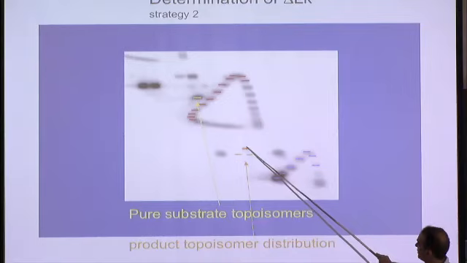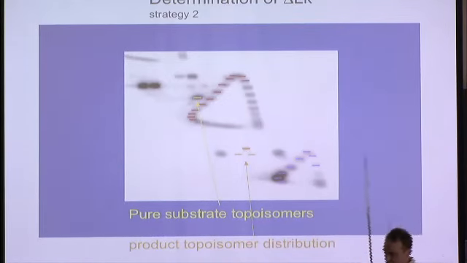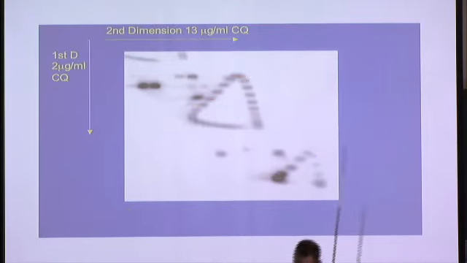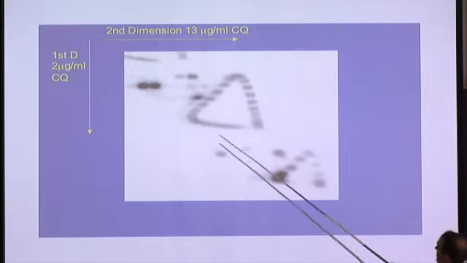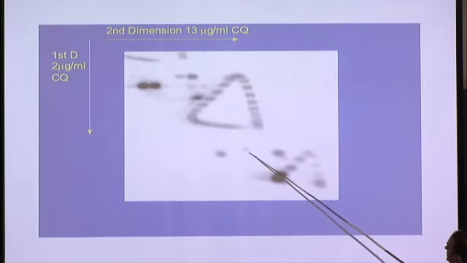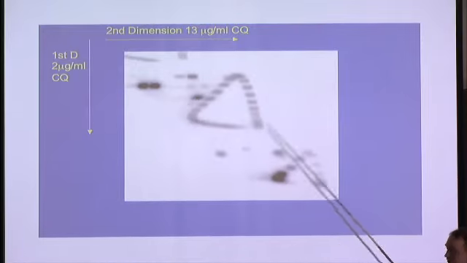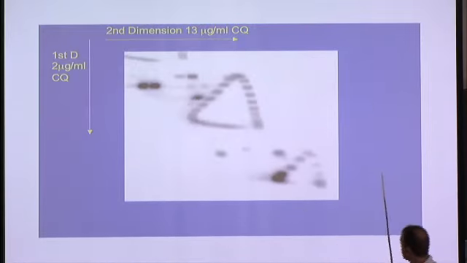But the center of the distribution of products that we get is at this position here. So let's just look at this without the bias of my nice bright yellow lines. So this is the topoisomer we started with. This is the main topoisomer product, but I think there are 2 faint bands here and here that are the topoisomers on either side of that.